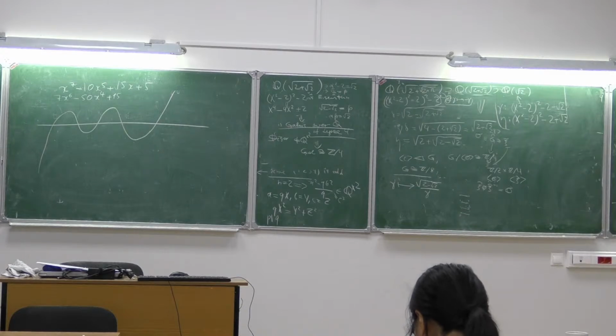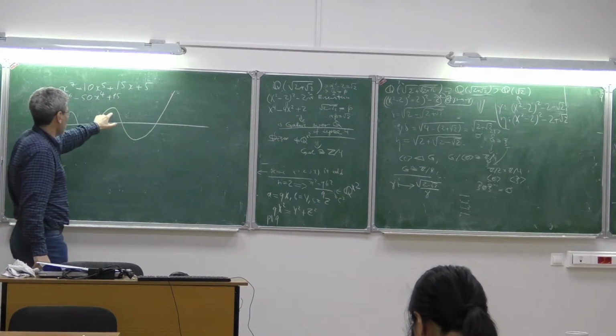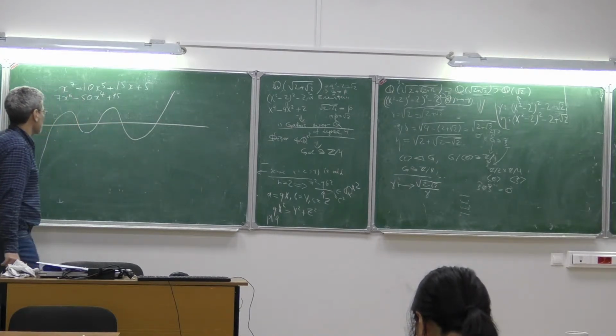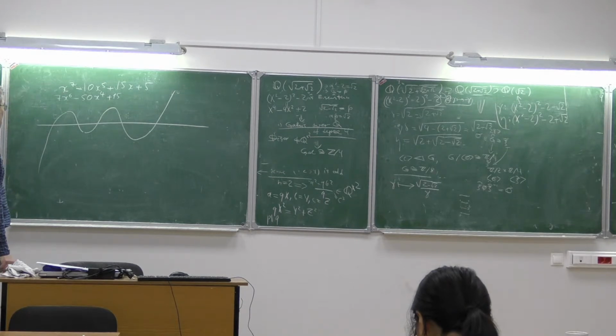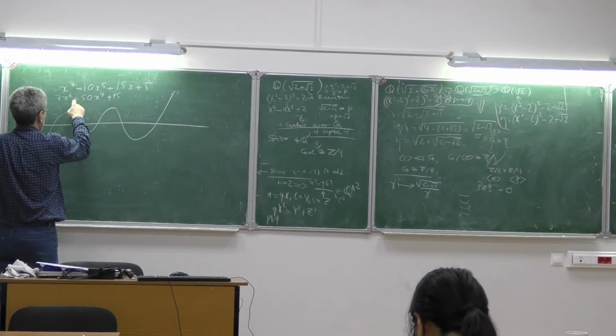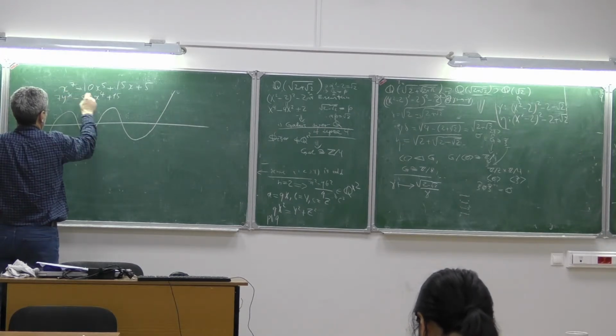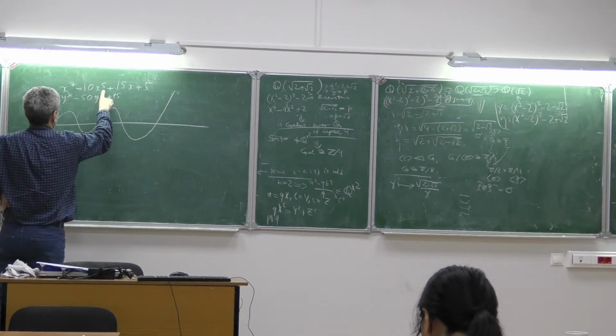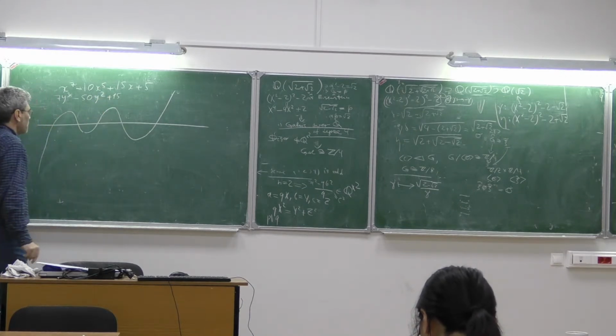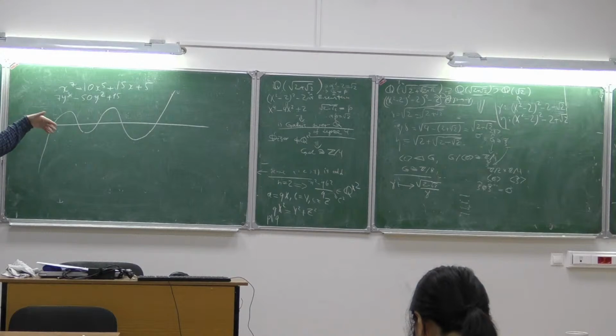And but still 1, 2, 3, 4. Yeah, 1, 2, 3, 4. But it's a cubic equation. y cube, y square, and again we can take derivative.